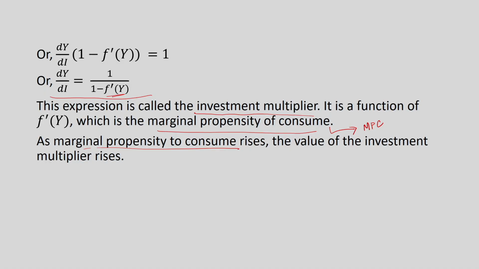All right. And we have seen before that this MPC should take a value less than 1, and you can now see why that is true. If MPC is equal to 1, then this term becomes undefined, it becomes 1 divided by 0. So, MPC to make this term meaningful should take a value less than 1.